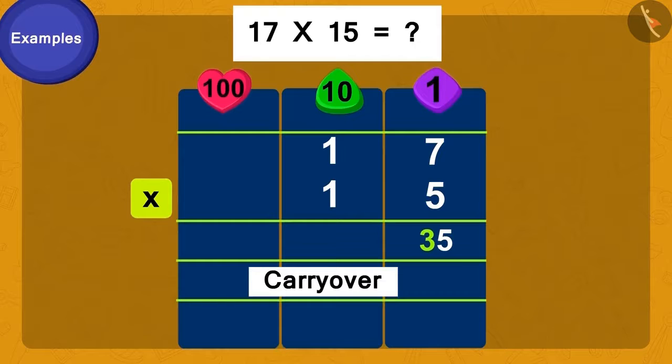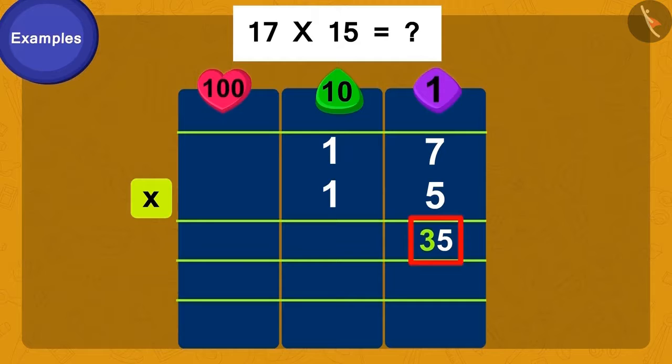We will use carryover to write 3 of 35 as a carryover and write the 5 in units place like this. Now, we multiply 1 of 17 by 5 of 15. Got it? 5.